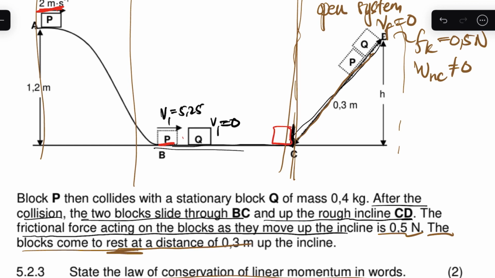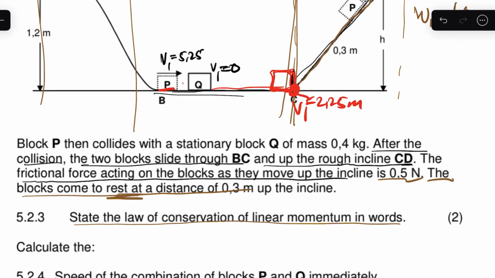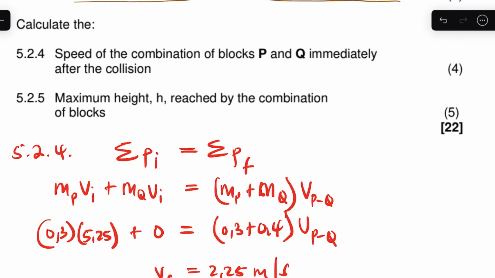So they will collide and then they move up until point C. So the velocity that they're going to reach this point, it's going to be 2.25 meters per second. So this velocity 2.25 is the velocity after collision, but at this point, at this track, it's going to be the initial velocity, and the final, it's going to be that, right? So let's go to the next question.